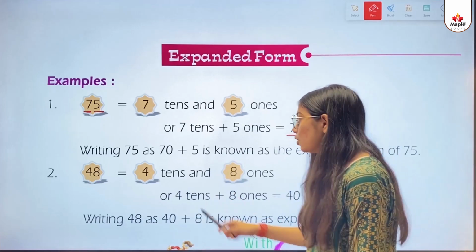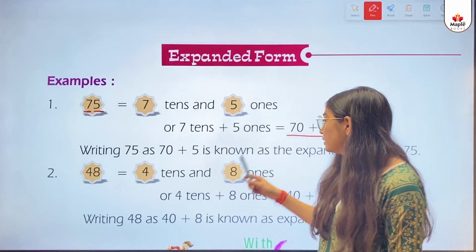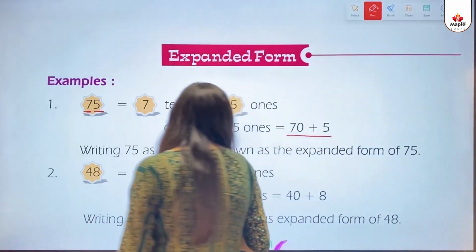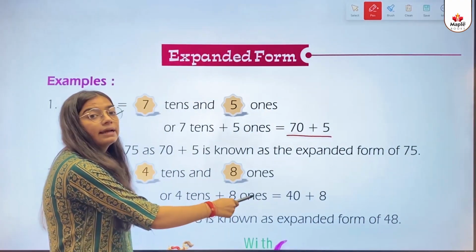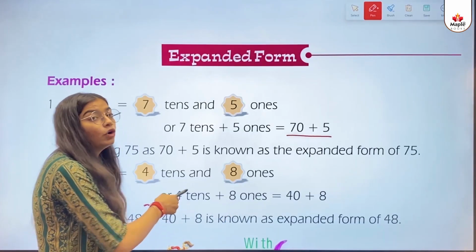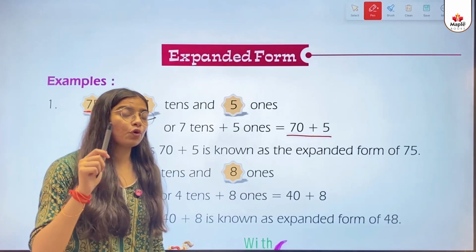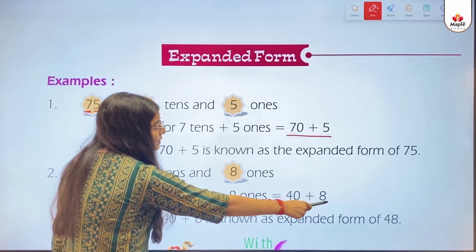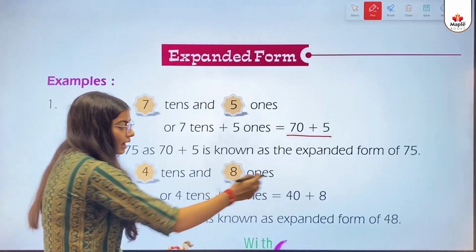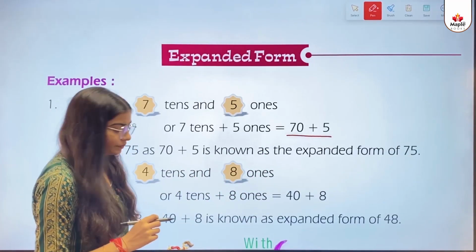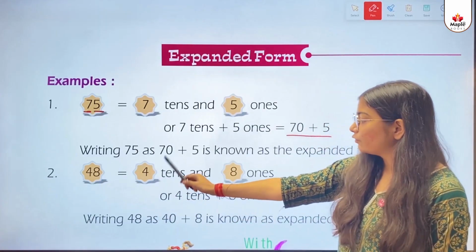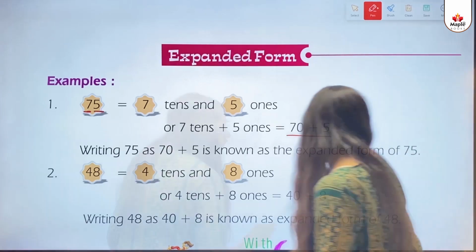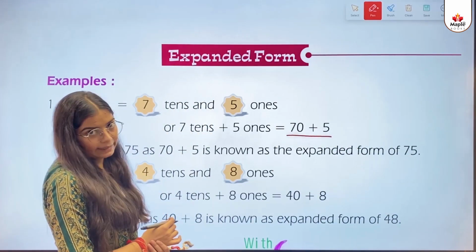We will read. 4 tens and 8 ones. Or we can say that 4 tens plus 8 ones. What means 4 tens? That is 40. So it is written here 40 plus 8. This is the expanded form. So writing 48 as 40 plus 8 is known as expanded form of 48.